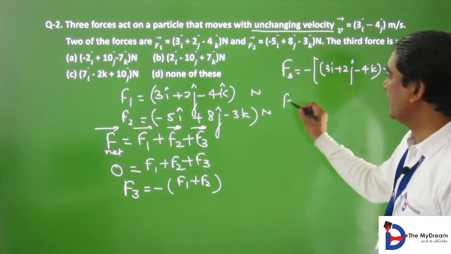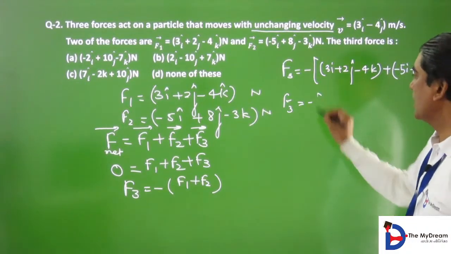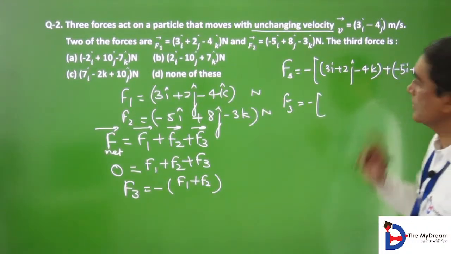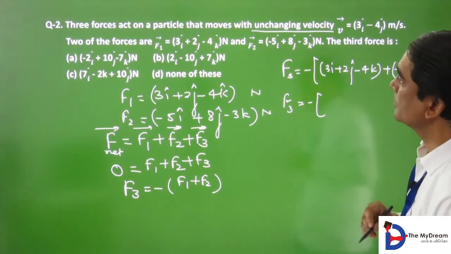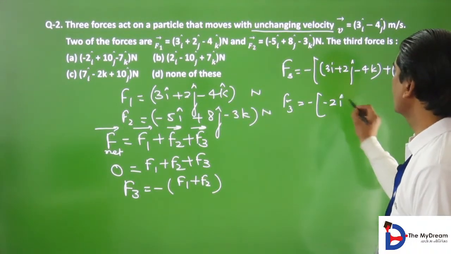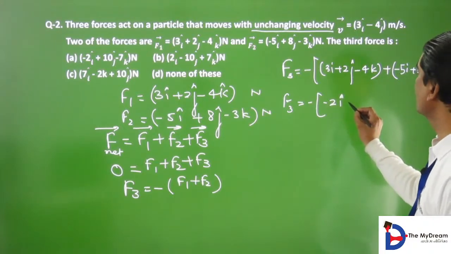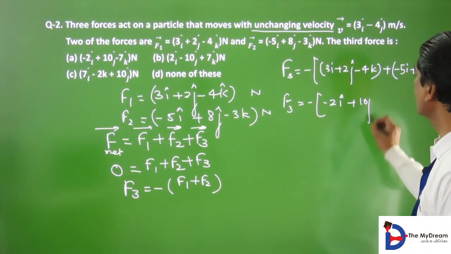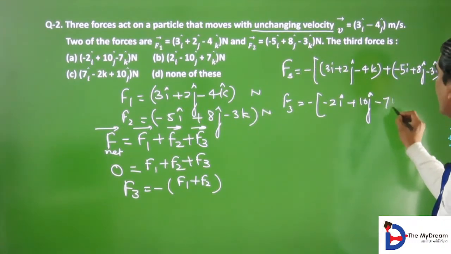Then you will get minus 3 minus 2, that is minus 2i, 2 plus 8, that is 10, and this is minus 7k.